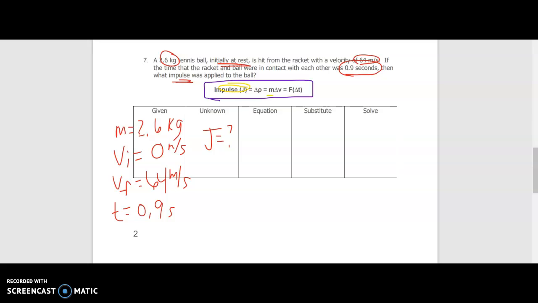We were given mass, the initial and final velocities, and time. Although we were given time, we're not going to be able to use this part of the equation because we weren't given force and we have to have all parts. So we're going to use impulse, J, is equal to mass times the change in velocity.